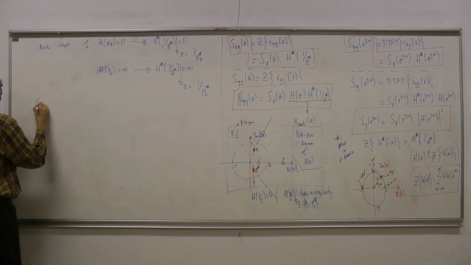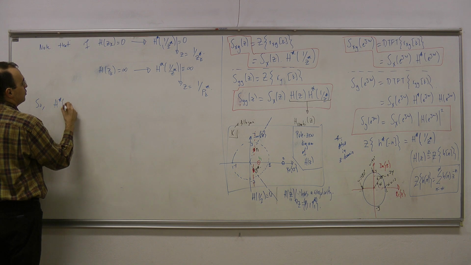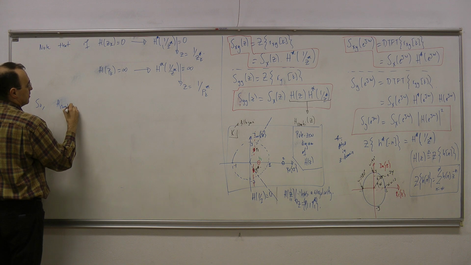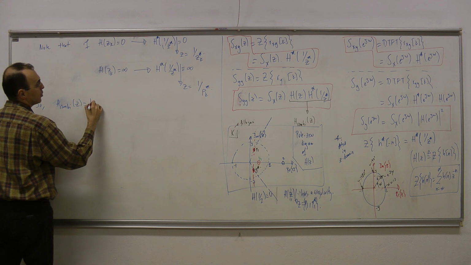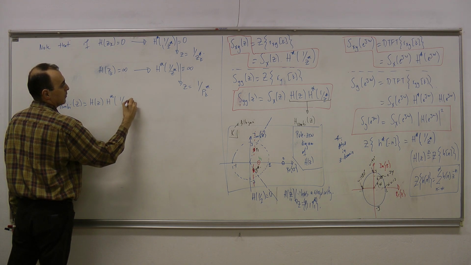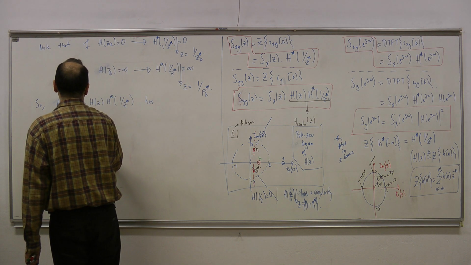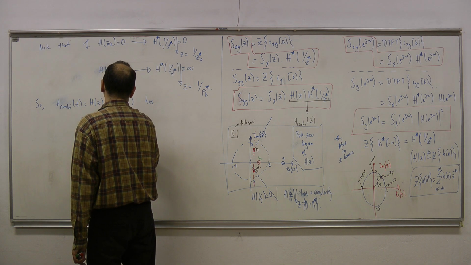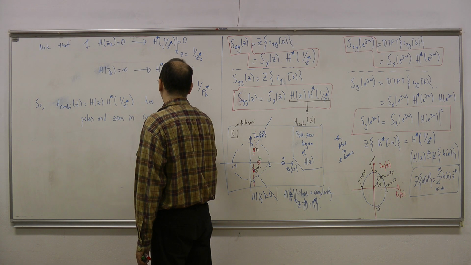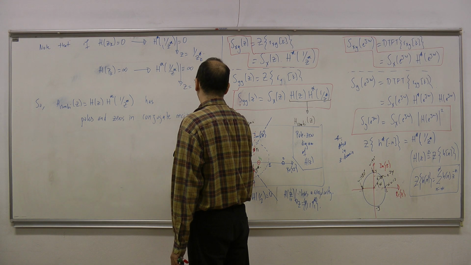So the combination, H of z times this, which is the product of these two, has poles and zeros in conjugate reciprocal pairs.